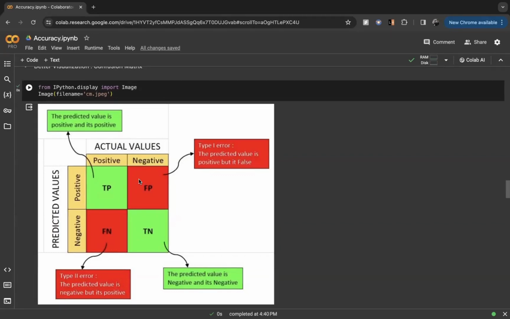In a similar way, imagine if it is not a dog and the model predicted it as a dog. That's a false positive. And for a case where it is not a dog and it predicted not a dog, that's called a true negative. This will be easy for us to visualize how the model is performing. Let's go ahead and see how the confusion matrix looks for both the ABC model and the XYZ model.